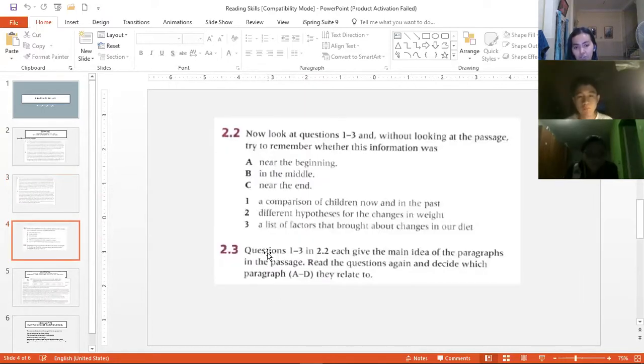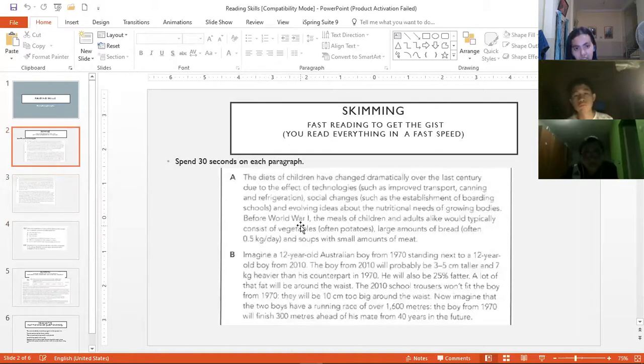A list of factors that brought about changes in our diet. In the middle. Right here. The beginning. They talk about transportation, they talk about canning, they talk about refrigerators.